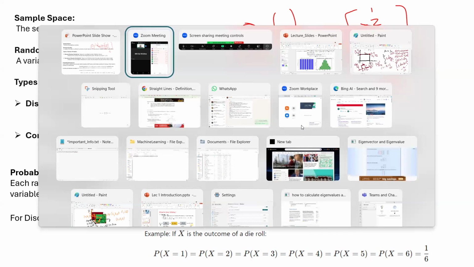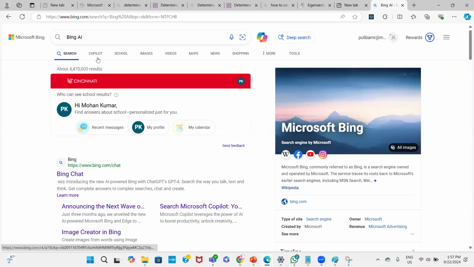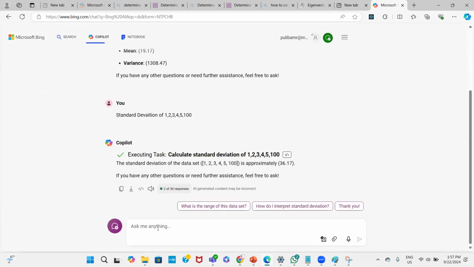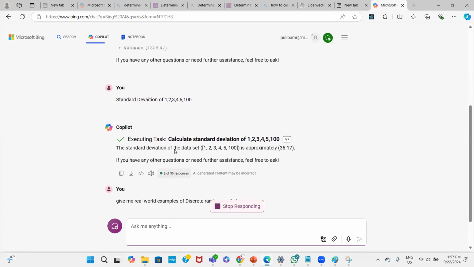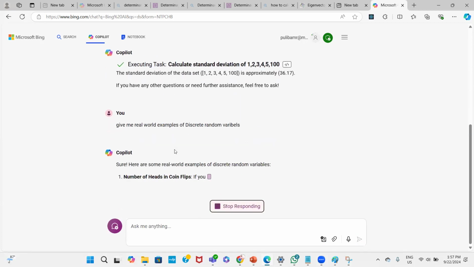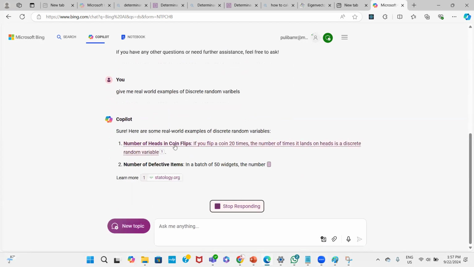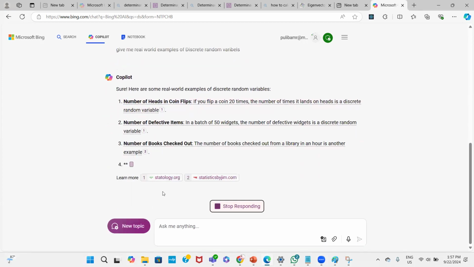Okay, let's look at more real world examples to understand this. Number of heads in coin flips, rolling a dice, number of defective items.